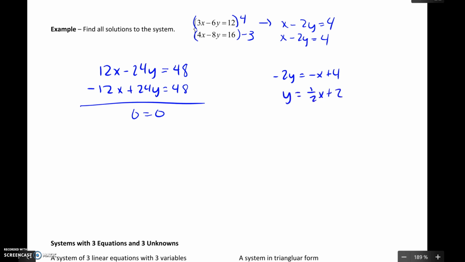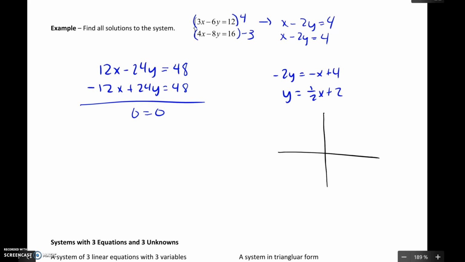If I graph this, and I'm doing this because now that we have infinite solutions, the new Algebra 2 way to do it is to write how these are dependent upon each other. So I need to find all the solutions, so I need to know how they depend on each other. So I have this line, with a y-intercept of -2 and a slope of 1/2.